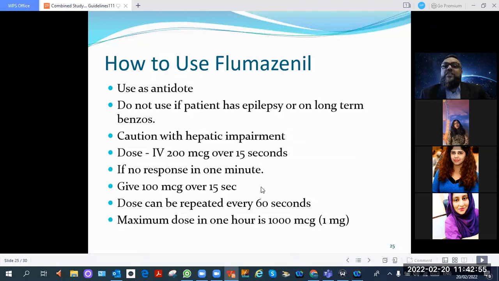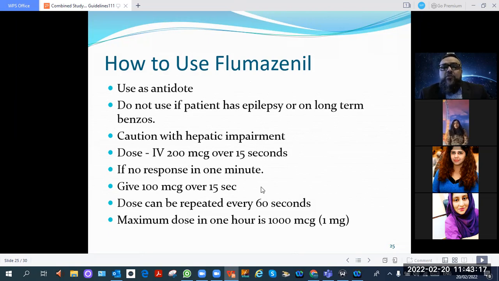He used flumazenil quite successfully as an antidote in a patient coming in with benzodiazepine toxicity. So it can be used as an antidote, and usually that toxicity, I think, happened with an overdose.